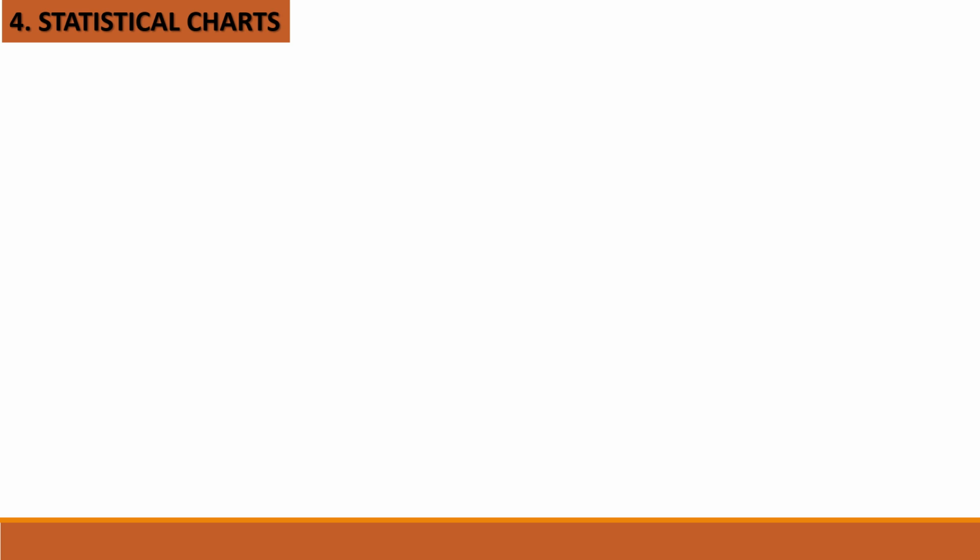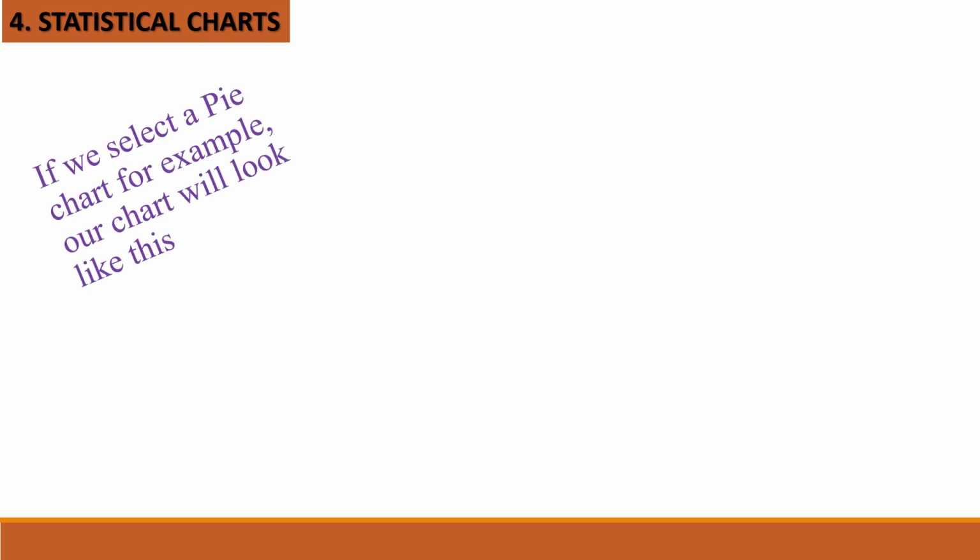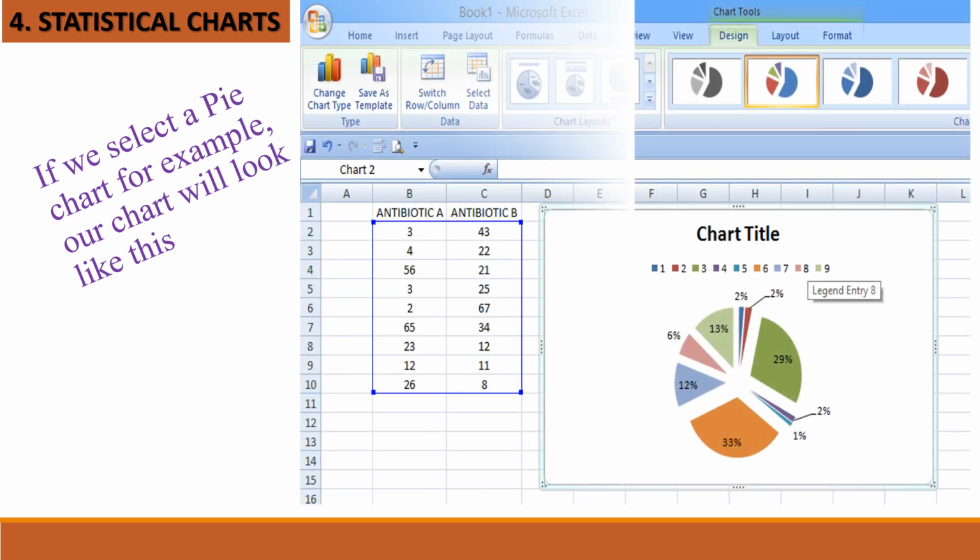Similarly, if we decide to select pie chart, for example, then our chart will look something like this. There are several other options which you can explore on the chart type and so on.